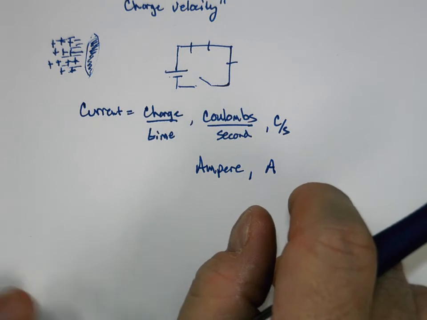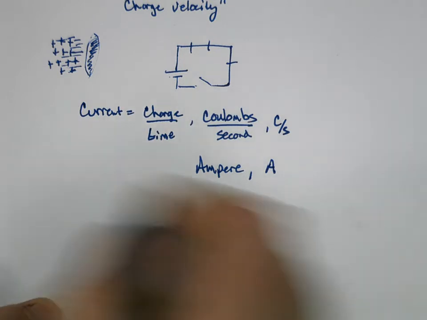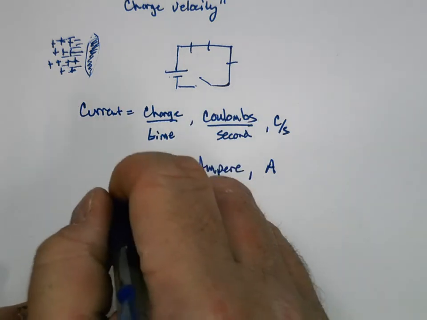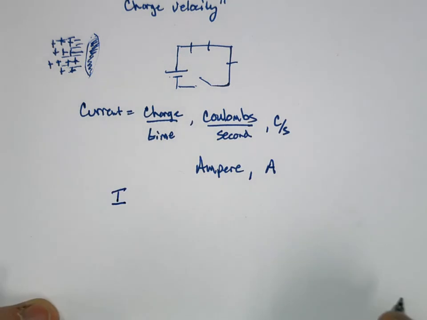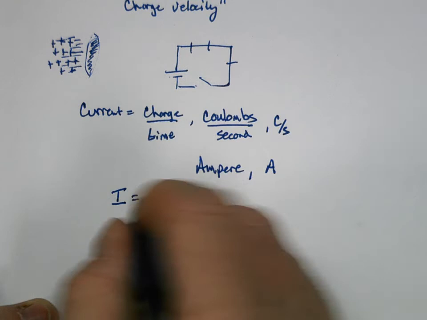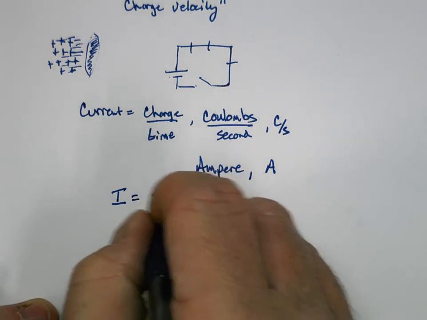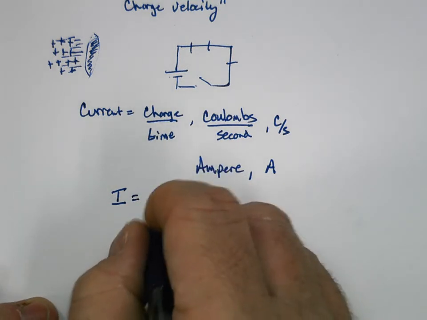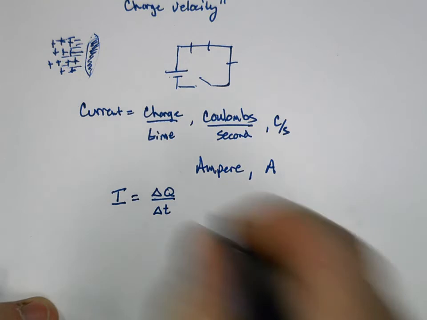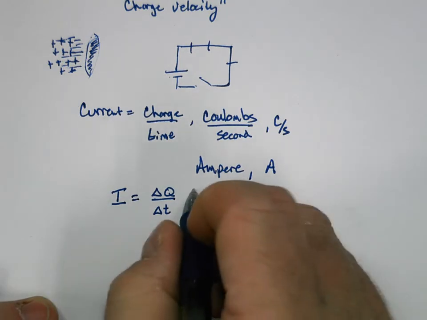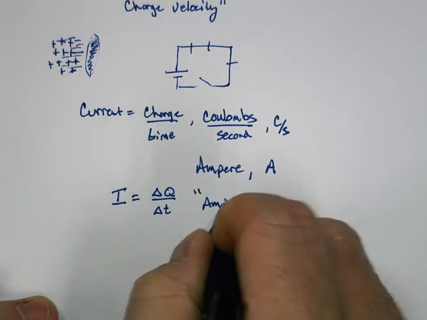It happens. So current is given by I. Current is I, and it will equal our change in charge over our change in time, and we do call this the amp.